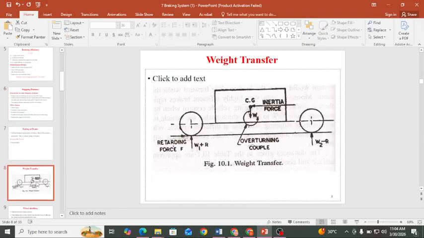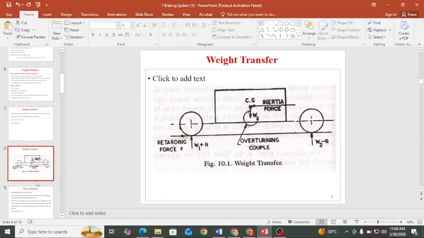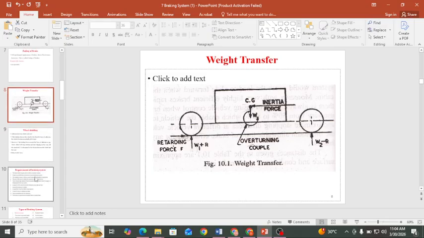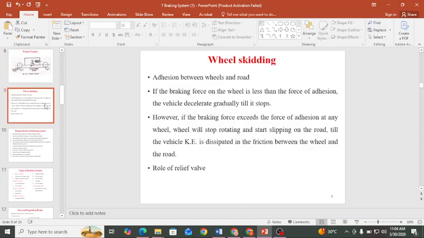Then in weight transfer also we calculate for the disc brakes. And as we discussed about wheel skidding, it helps to avoid accidents and control the wheels and the distance to reduce the braking systems.